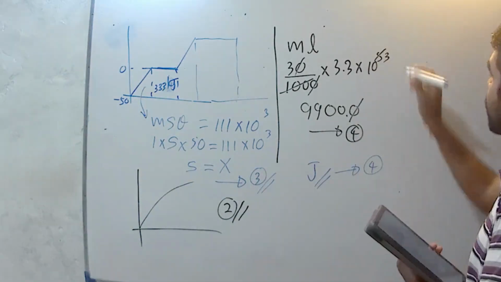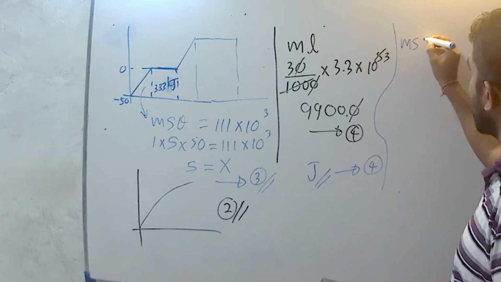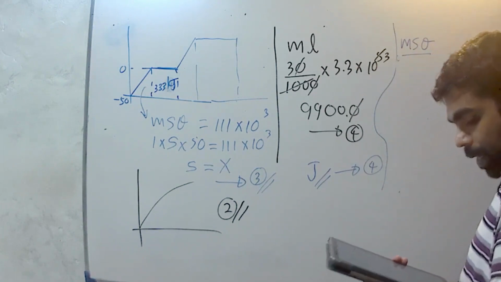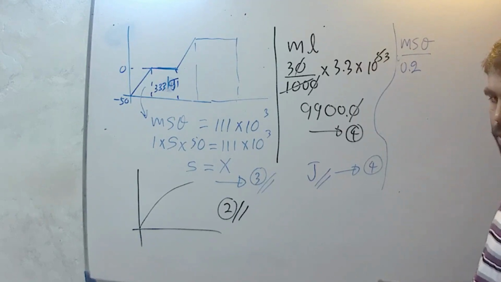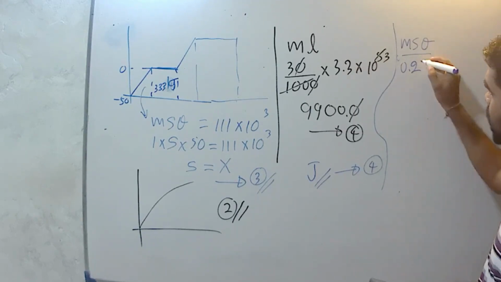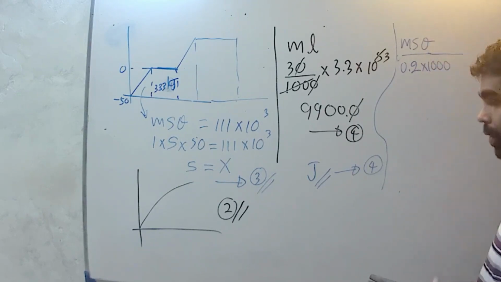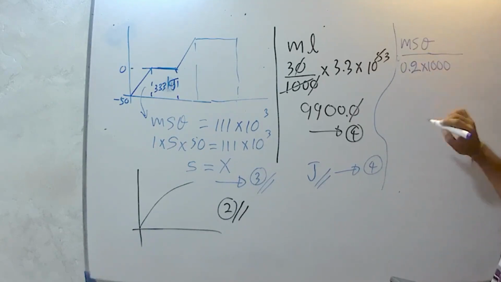Efficiency means output ms theta divided by given energy. The given energy is 0.2 kilowatt hours.